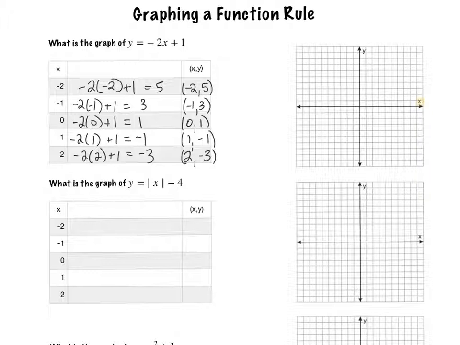When I want to graph these, when I look at the graph, remember that this is my x axis over here, the horizontal one, and my y is this one. So when I graph, I have x, y here, so I'm going to do x first, then y. If I look at each of these points, -2, I'm going to go over -2, so I go over 1, 2. Then I'm going to go up 1, 2, 3, 4, 5, and make a point there.